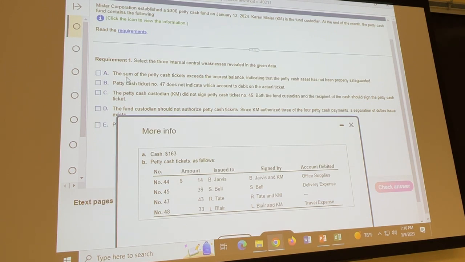So the first one says the sum of the petty cash tickets exceeds the imprest balance, indicating that the petty cash asset has not been properly safeguarded.